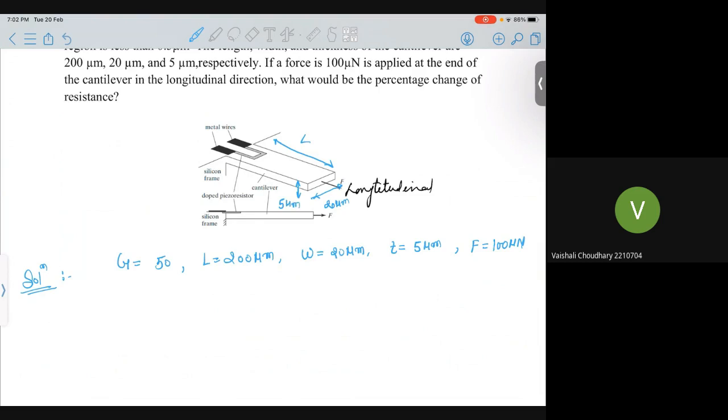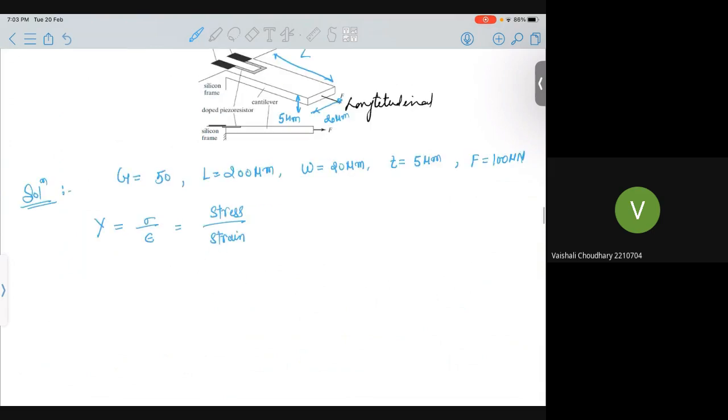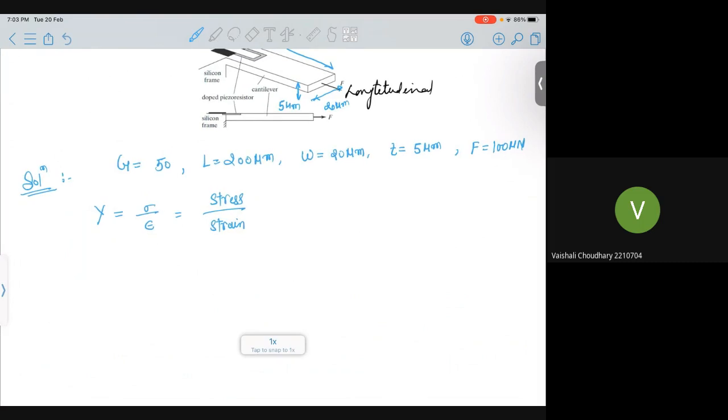So first we will calculate. We know that the Young's modulus of elasticity Y is stress upon strain, right? Then stress is force per unit area, and area we can write as width times thickness.